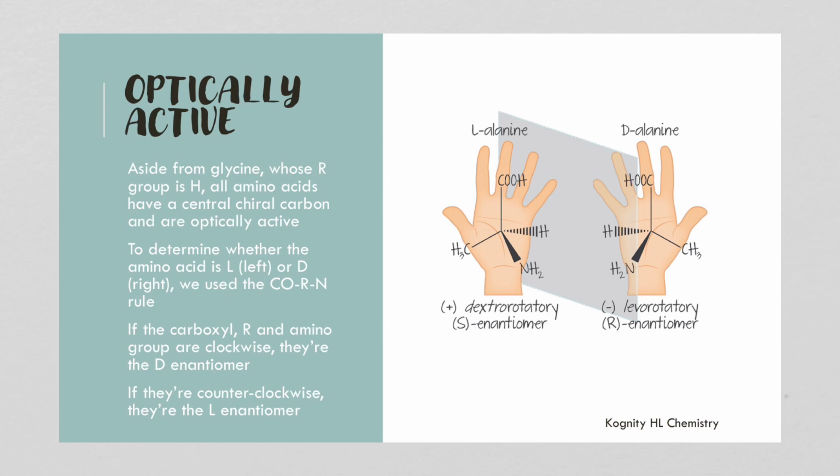So if you look here, this is the L configuration because it goes carboxyl, and then the R group is here, and then the amino group, so it's going counterclockwise. So that's L. And then the other one is the D because they are going clockwise.